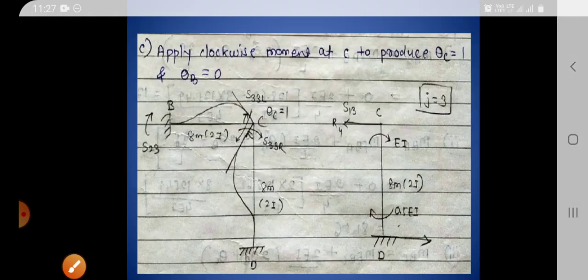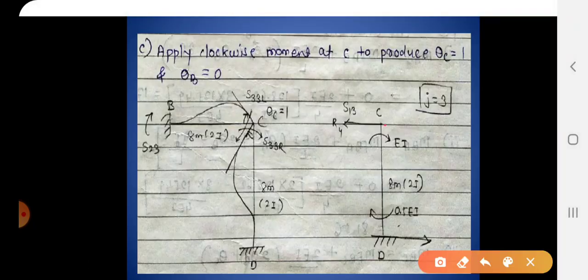You will get the value of S33 first and then S23, and then summation MD equal to 0, by considering the free body diagram of column CD, you will get the value of R4 and subsequently S13.